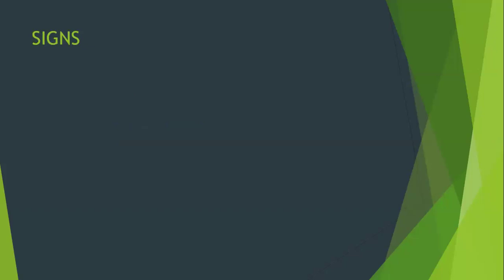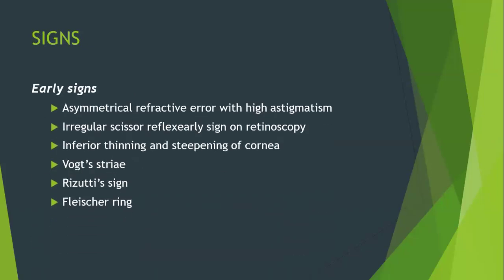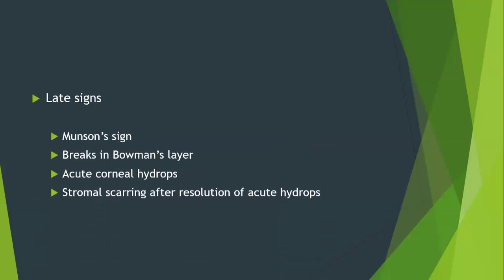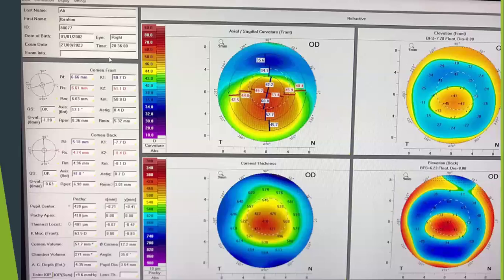There are early signs, asymmetrical refractive error, Vogt's striae, all these signs I have already said. And in late stage, there will be Munson sign, breaks in Bowman's layer, acute corneal hydrops, and stromal scarrings. You all know this. So let's move to the next one.